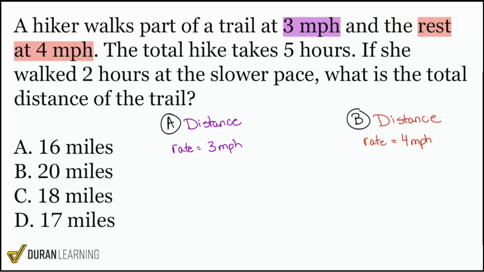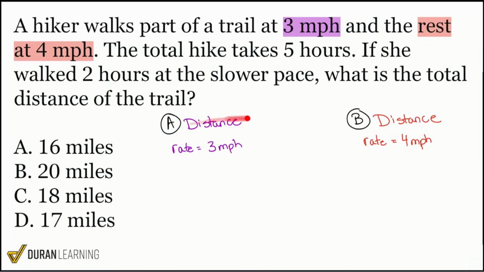Everyone, let me ask you this question. Should I put the 5 hours with part A of the trip or part B of the trip? Which one should I put that with? If you said part A, that's actually going to be incorrect. This is why I always say it's more important to understand what the numbers mean, not what the numbers are. Check this out, everybody.